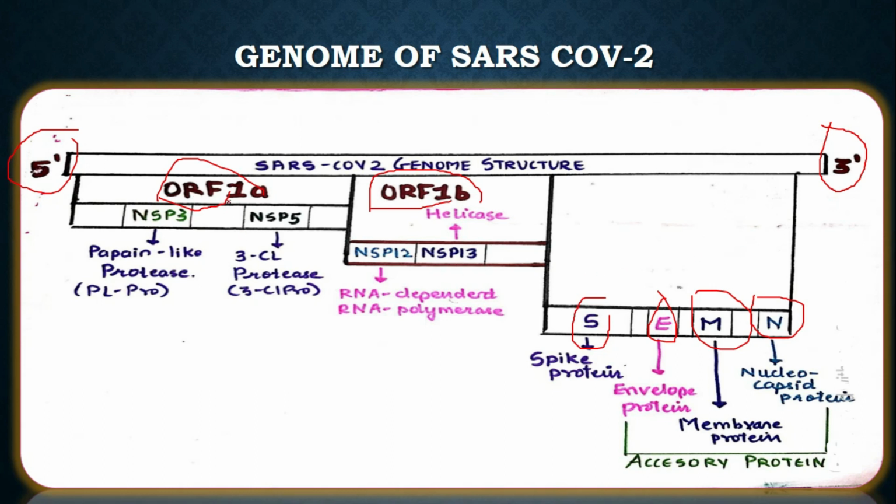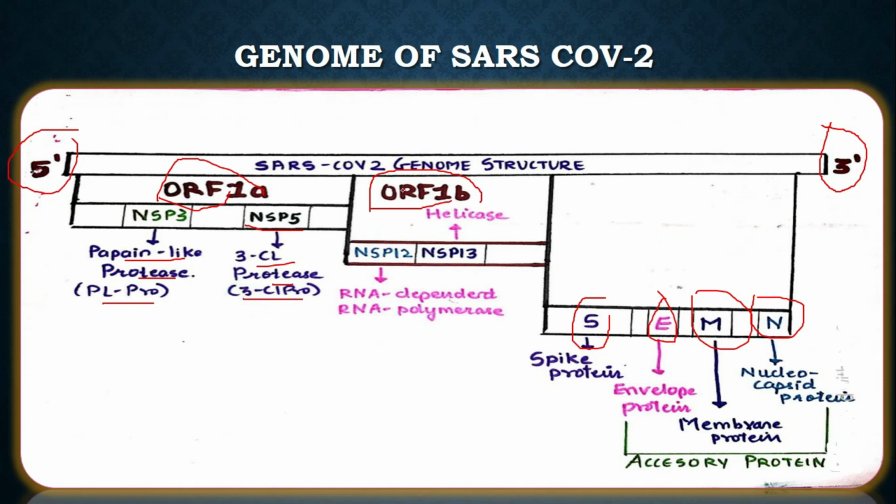Now this ORF1A further consists of non-structural proteins, one of which is non-structural protein 3, which denotes papain-like protease, that is PL-PRO, and the other is non-structural protein 5, which denotes 3CL protease, that is 3CL-PRO.